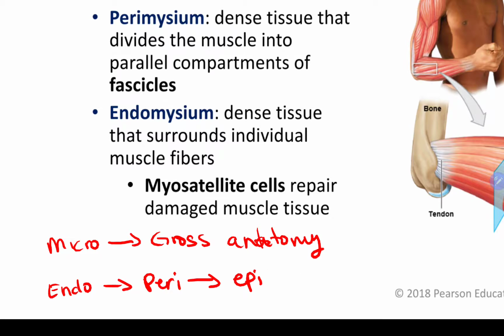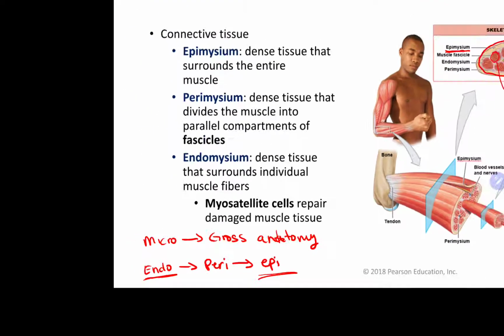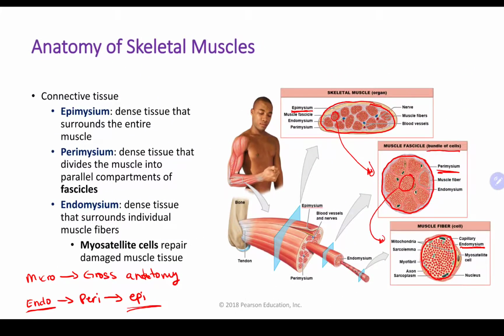Remember, epi is always going to be on the outside, the outermost. Think of your epithelium, that's going to be on the outside. Endo means it's going to be on the inside, innermost. Okay? So make sure you remember that.